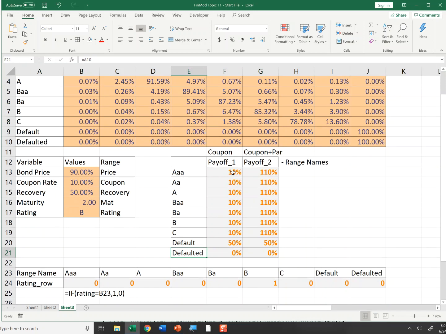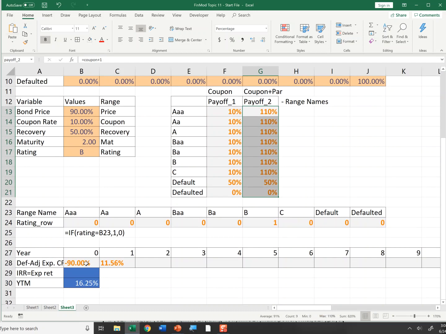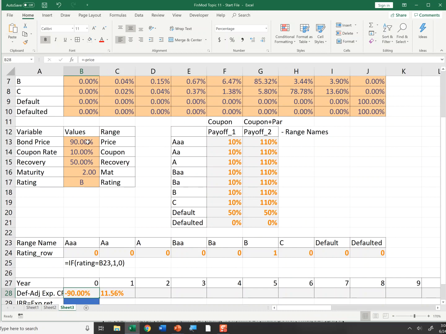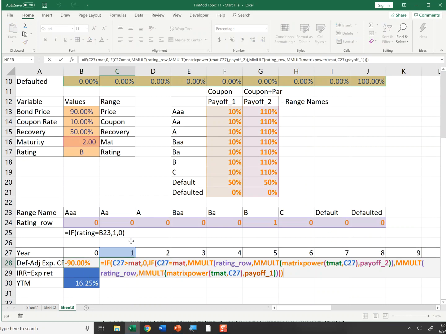I now have my payoffs 1 and 2, my transition matrix. I'm going to now calculate my cash flows. Time period 0. I'm going to pay 90 cents or 90% of par for this bond because it's selling at 90. So I just have a formula there minus this cell right here, which I named price. I now have a formula here which I'm going to copy.